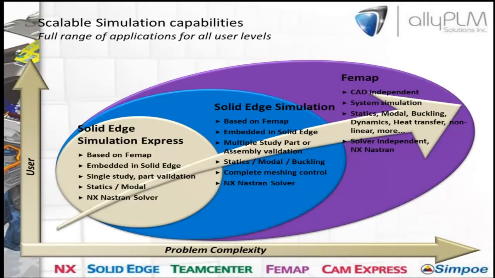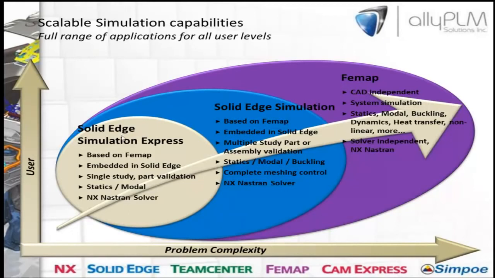One thing to note here is that FEMAP is a solver-independent product. All 3 offerings use the NX Nastran solver, as you can see at the bottom, but FEMAP is solver-independent. So if your company has an investment in some other solver, you can always pick and choose any other solver for doing analysis.